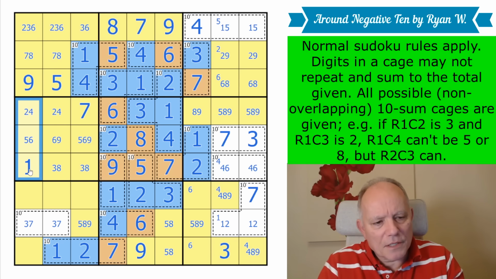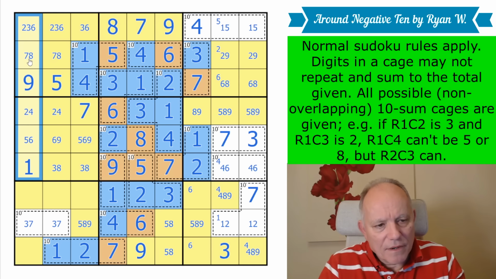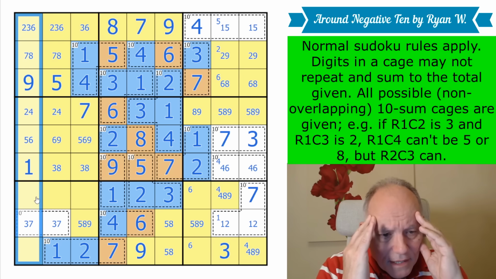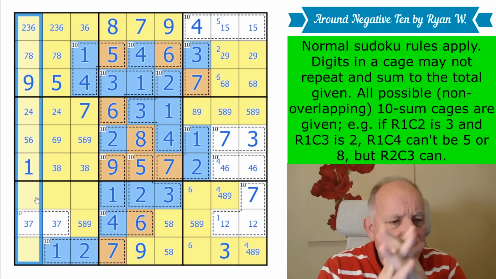This is 2, 6, 1. With 9, 3, 8, because it can't be a 7. And 4, 7, 5 down here somewhere. This is absolutely wrecking me now. I cannot see it. I can't quite see where the problems are.